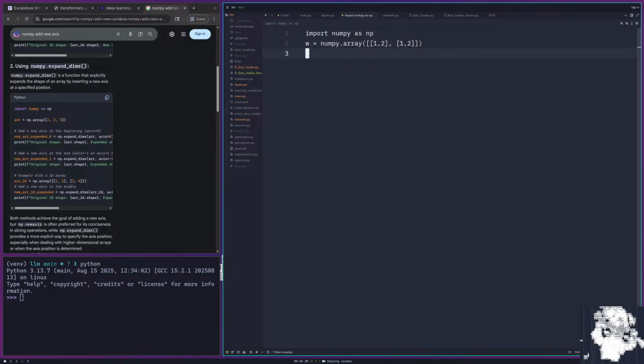Call that W. We'll say X is an order 3 tensor, so [1, 2], [1, 2], [3, 4], [3, 4]. W dot shape, X dot shape, and then result equals W at X.